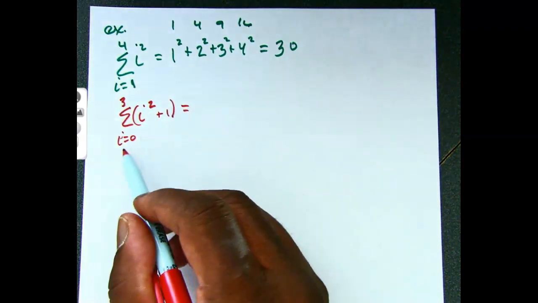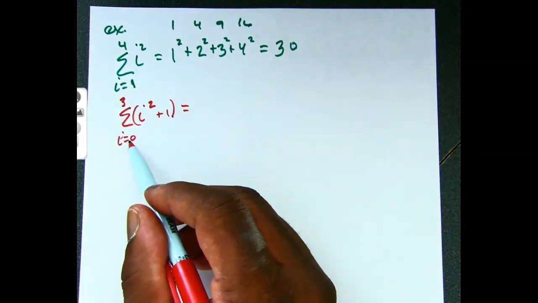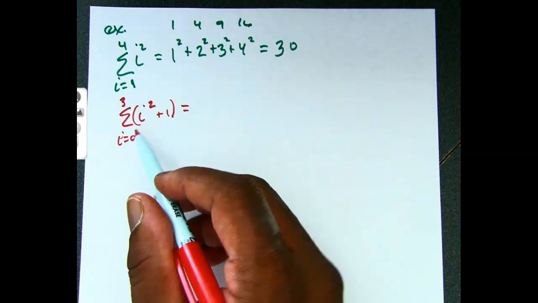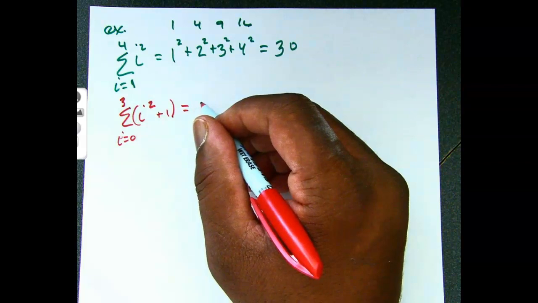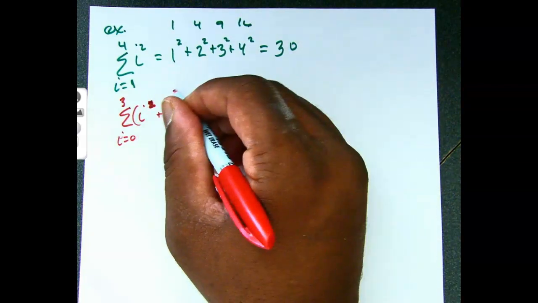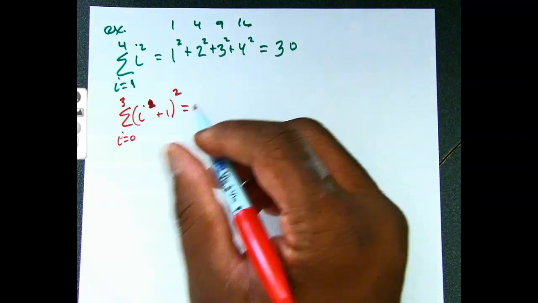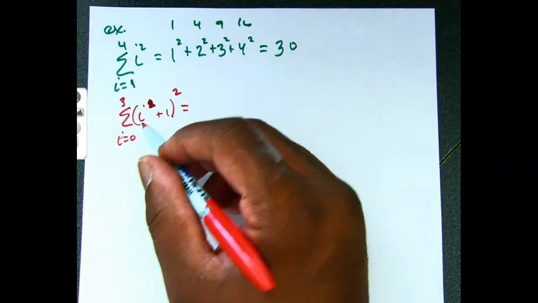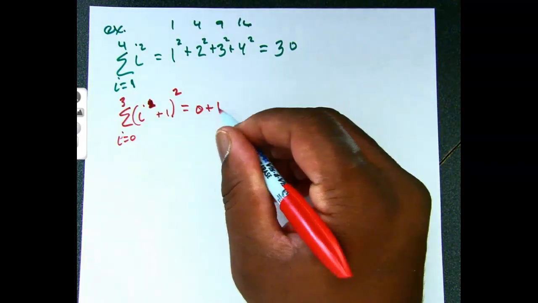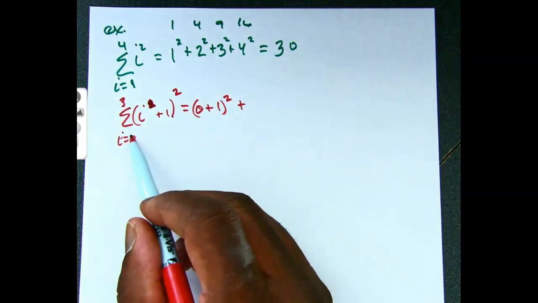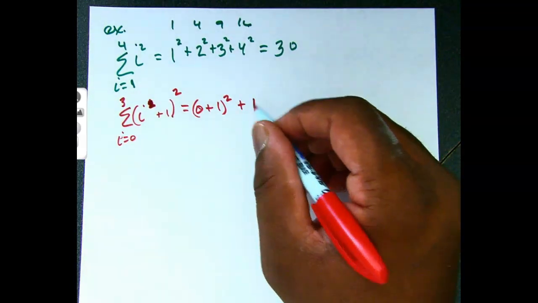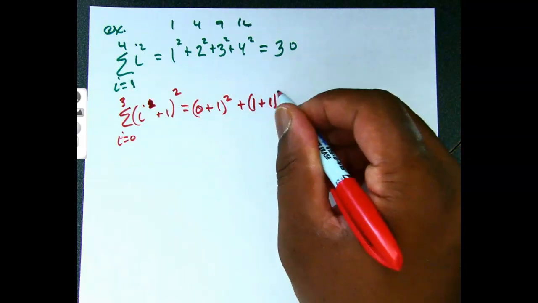Okay. When I equals 0, you're going to get I plus 1 squared, so 0 plus 1 squared. Then when I equals 1, we're going to get 1 plus 1 squared.